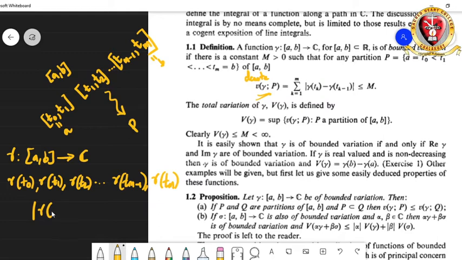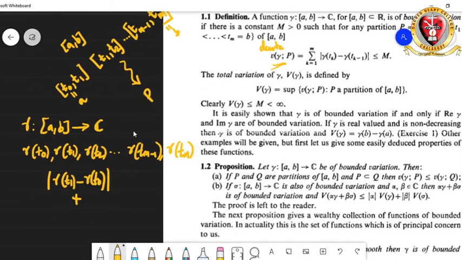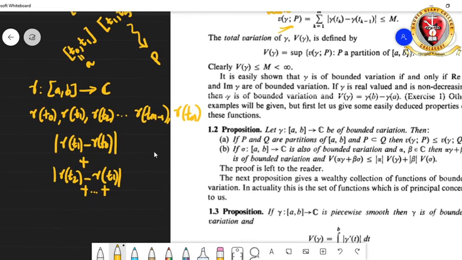So we take the modulus of gamma(t1) minus gamma(t0), plus the modulus of gamma(t2) minus gamma(t1), plus etc., going on like that, plus the modulus of gamma(tm) minus gamma(tm-1).